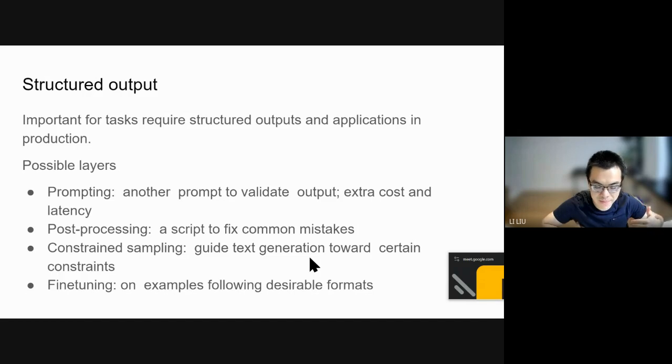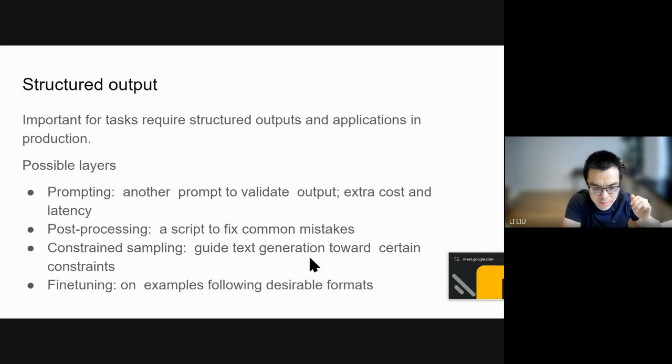So one is prompting. Basically you have one prompt or API call to get the result. Let's say we have a document and we want to extract all the names. Names are more difficult to extract, unlike numbers and dates, where maybe you can just use Python to parse the document.